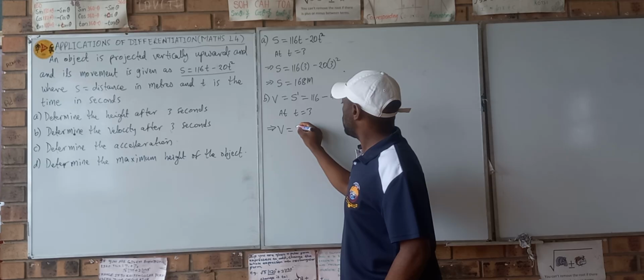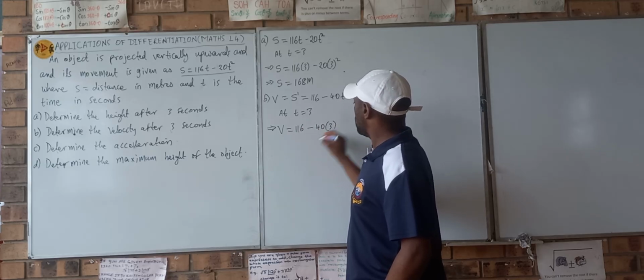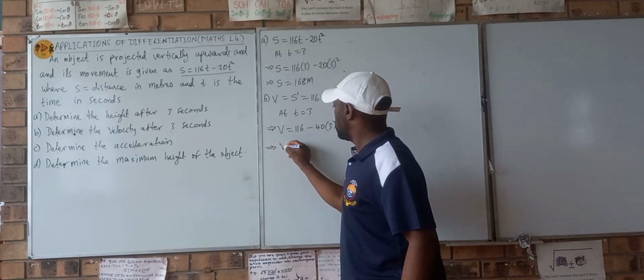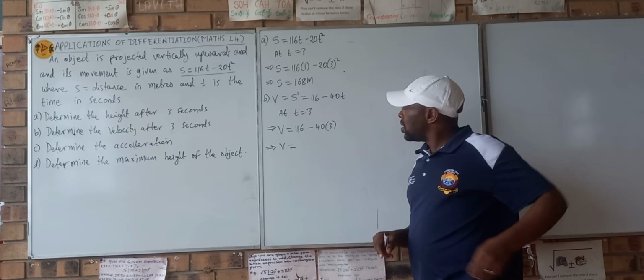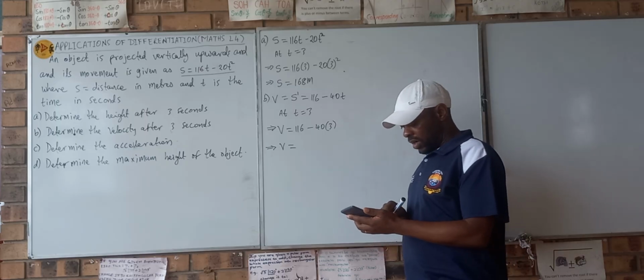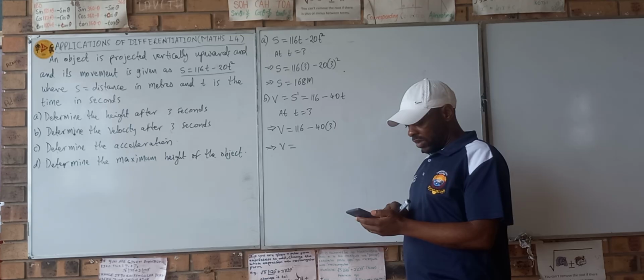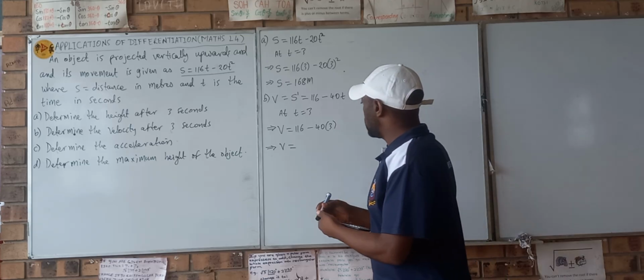So my velocity will be 116 minus 40 into 3. From my calculator, 116 minus 40 times 3 is actually minus 120. So I get a negative.